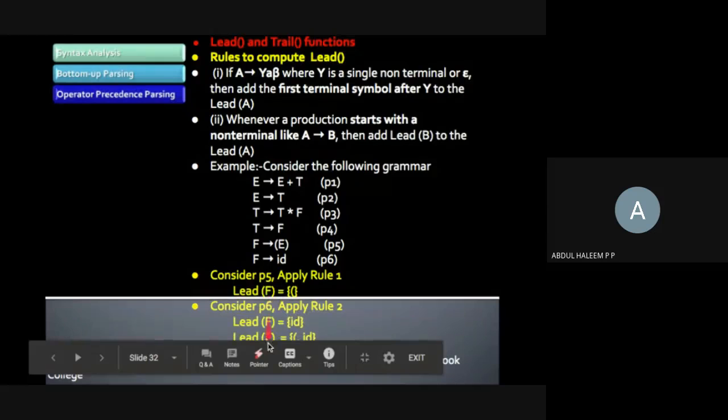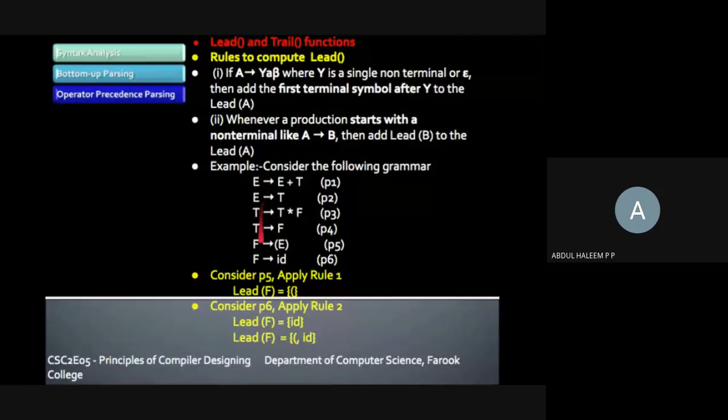Hence, we have LEAD of F is the union of these two, left bracket and ID. That is how we can compute the LEAD of F making use of these two rules. I hope it is clear.